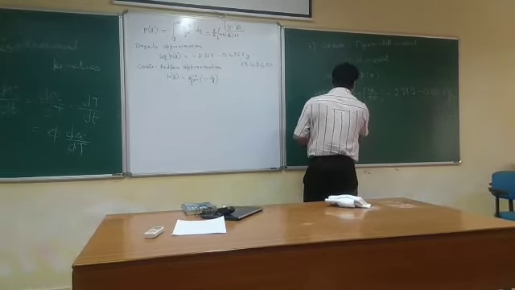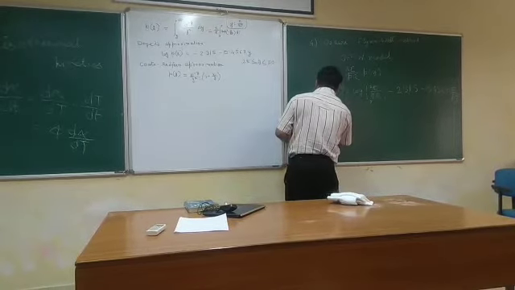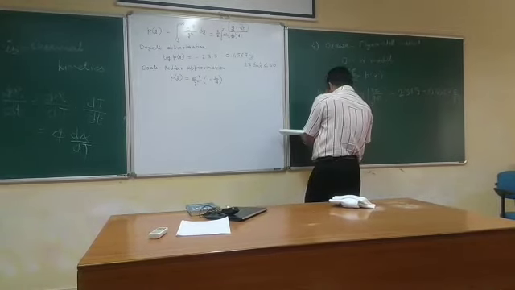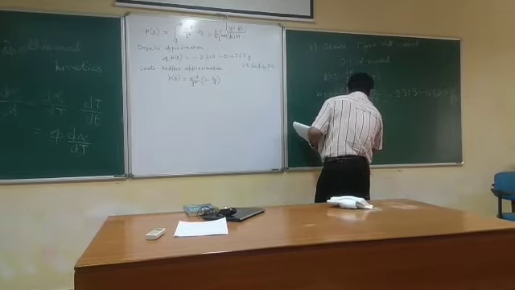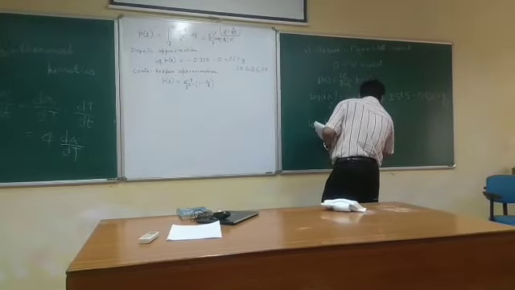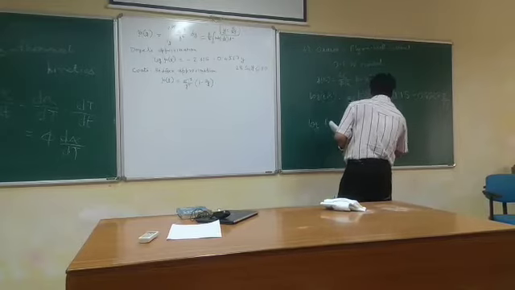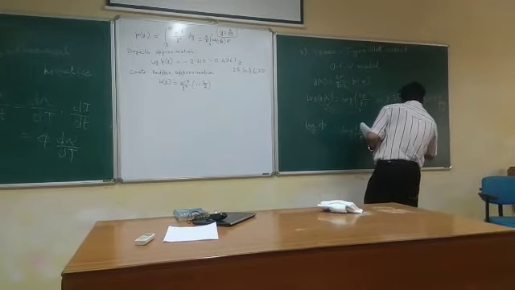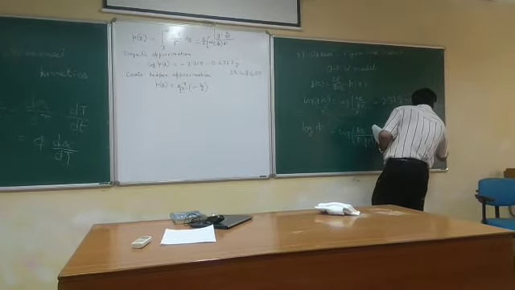So you will have log of phi equal to log of AE over R multiplied by G alpha, minus 2.315 minus 0.4567 E over RT.